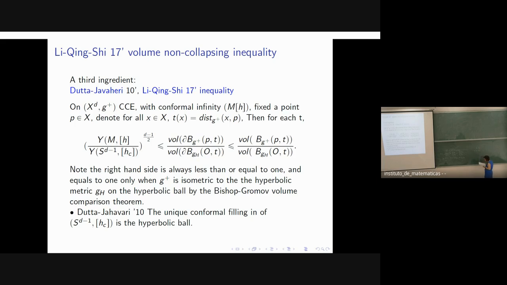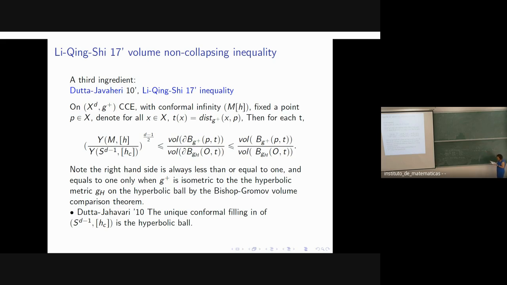So you can consider another compactification, which uses the distance function of G plus to compactify it. You define a variable t of x, defined to be the distance in G plus of x to a fixed model point.